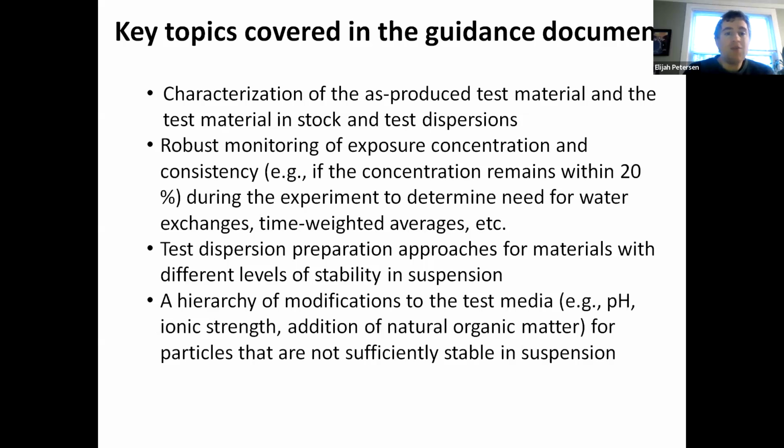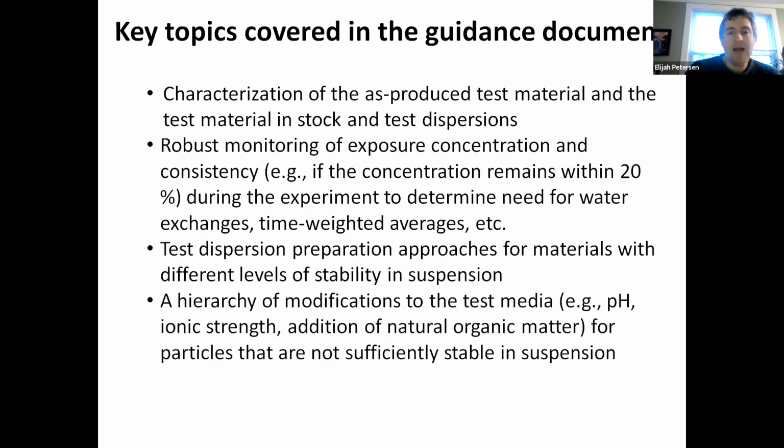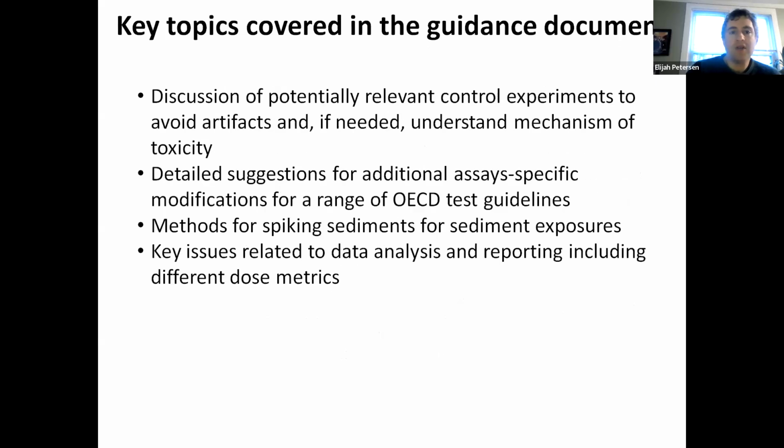But sometimes even if you put in all the effort, you can't reach it. So then you have to do time-weighted averages and some other approaches. We also discussed control measurements to avoid artifacts, and if needed, to understand the mechanism of toxicity. Sometimes you don't need to understand the mechanism for regulatory testing, but if you do, we provide some of those suggestions.